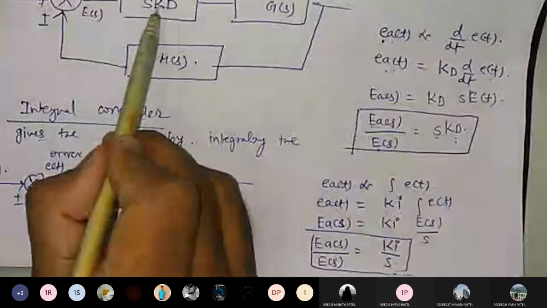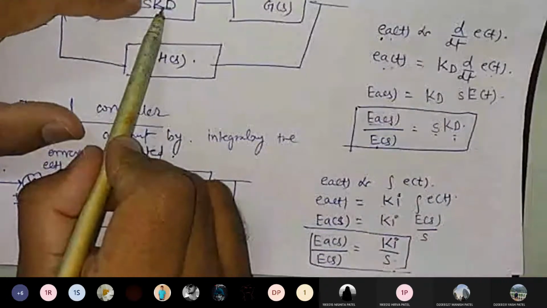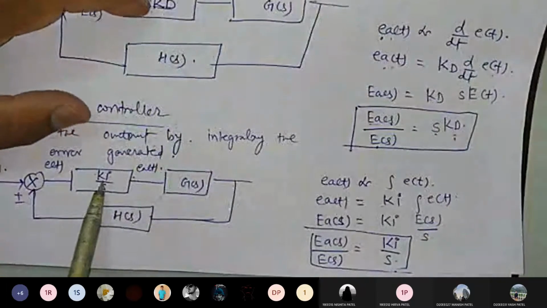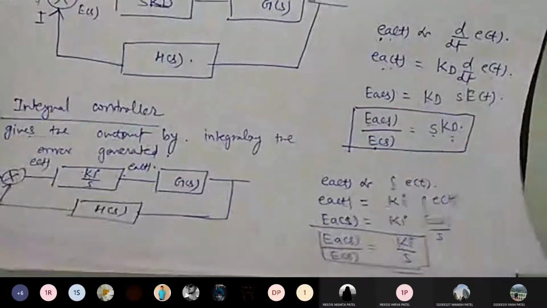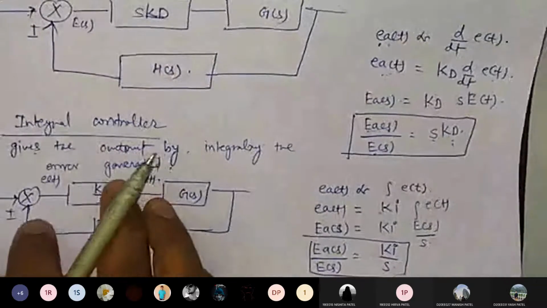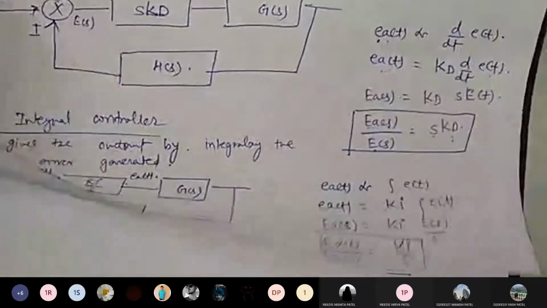Kd is the derivative constant, Ki the integral constant, and Kp. These three are over: the proportional controller, derivative controller, and integrative controller. Now I will go for the remaining combinations of two and then the third one.